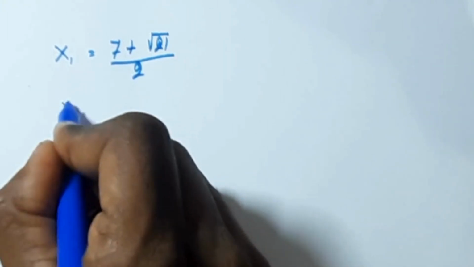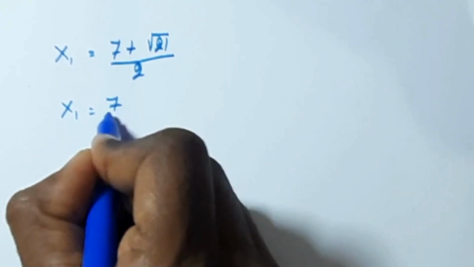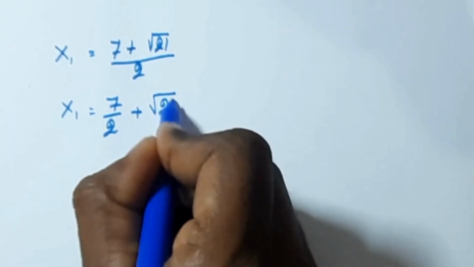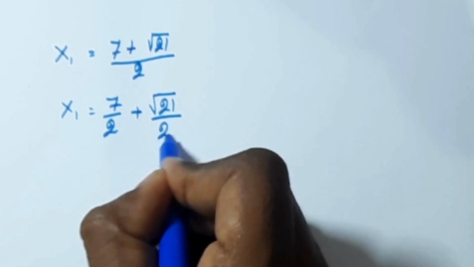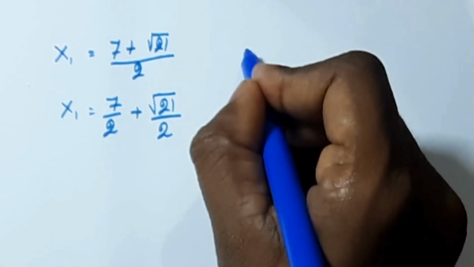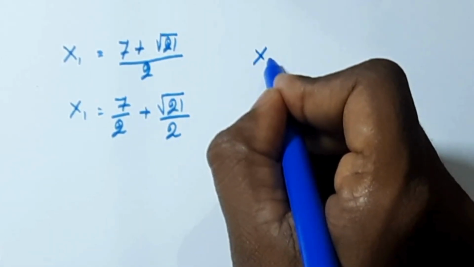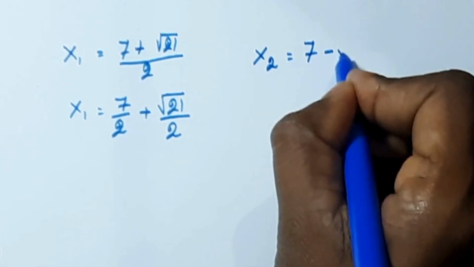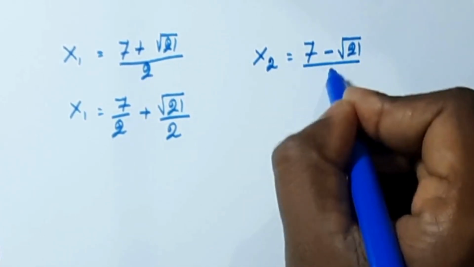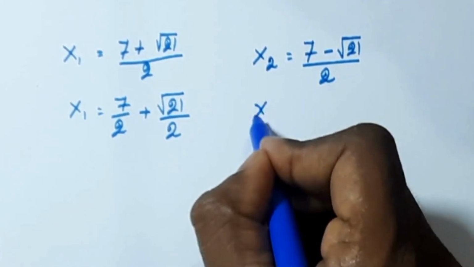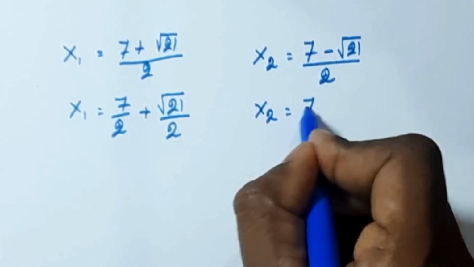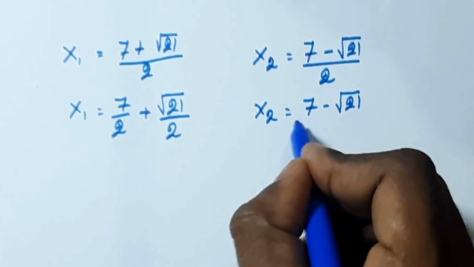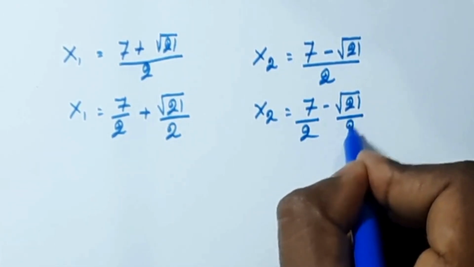The other solution, x2, equals 7 minus square root of 21 over 2, which is x2 equals 7 by 2 minus square root of 21 by 2.